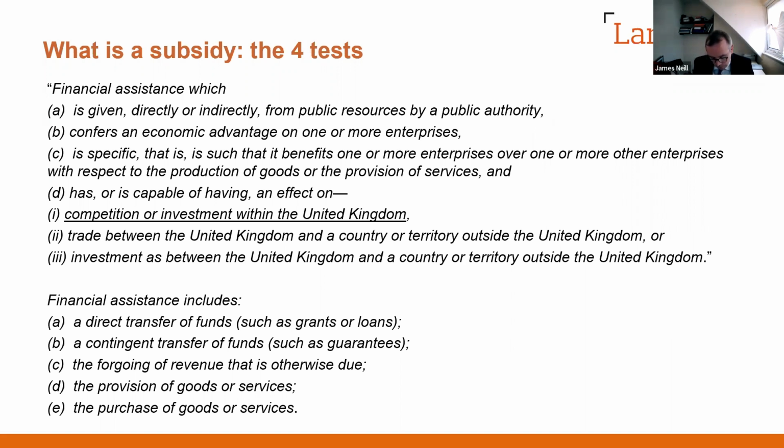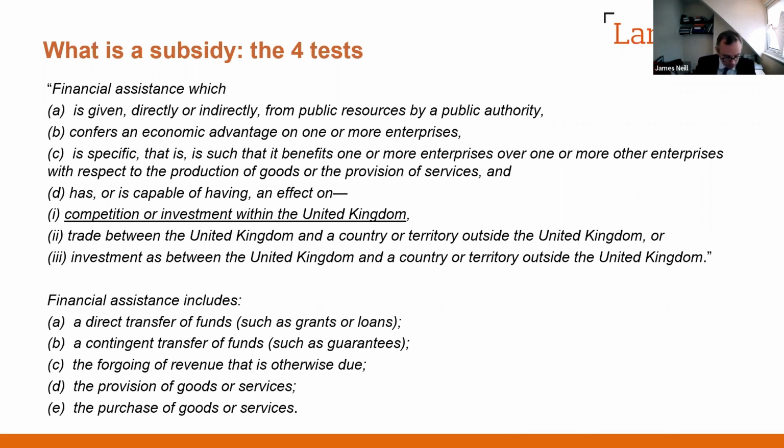The test there was aid in any form whatsoever. So arguably the fact that subsidy is now limited to financial assistance is slightly narrower than the very broad aid in whatever form whatsoever that we could find in Article 107.